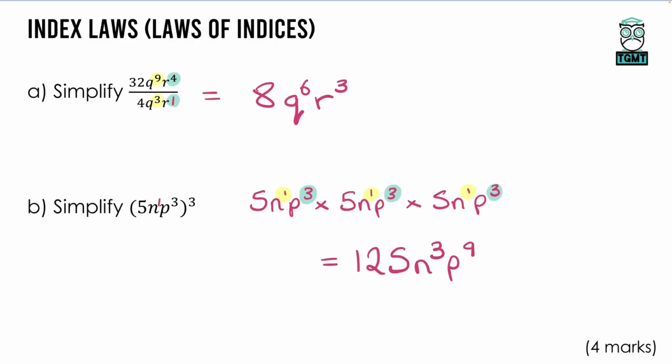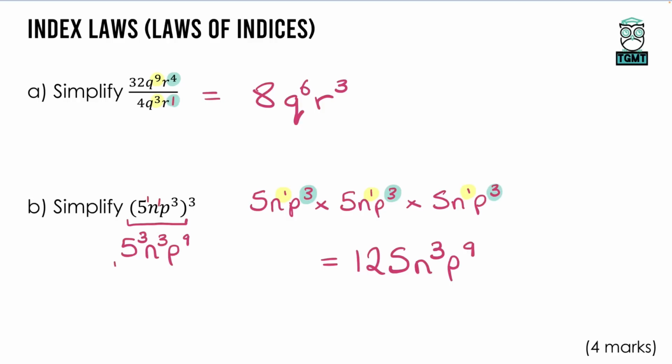Now you can take a slightly quicker approach from the brackets. All of these here, the powers are going to get multiplied by 3. However, you've got to be really careful with this because it's a little bit strange because the 5 also has a power of 1 with it. So it would be 5 to the power of 3, n to the power of 3, p to the power of 9 when you multiply all those powers by 3.